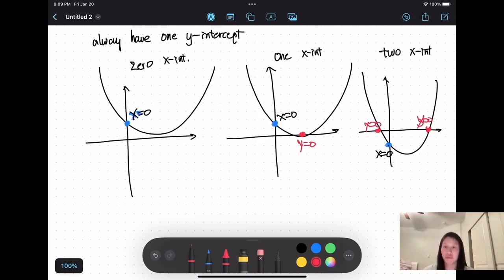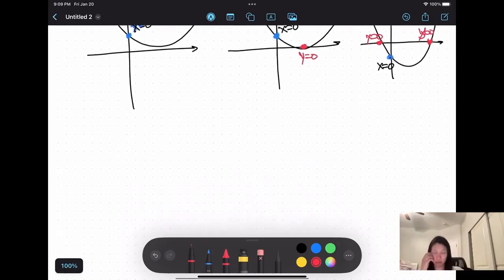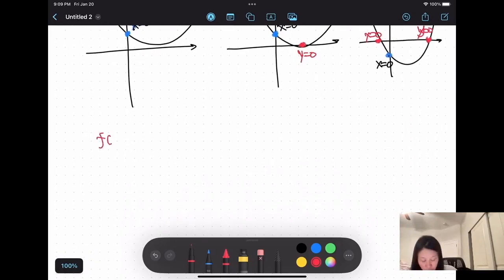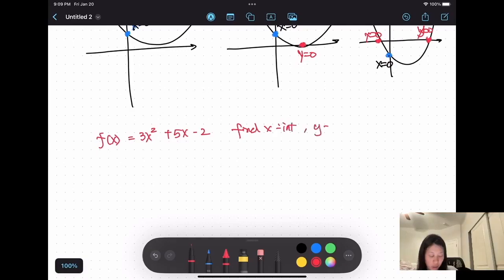So for example, given the function f(x) equals 3x squared, not cube, x squared, plus 5x minus 2, I want you to find the x-intercept and the y-intercept. So let's do the easiest one, find the y-intercept.